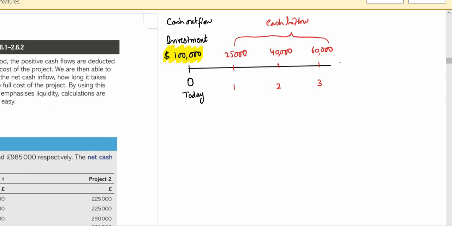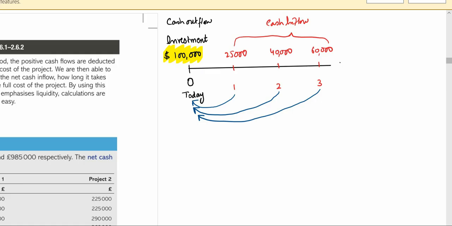Discounting we will discuss in the next class. Discounting means we have to calculate the present value of all the cash inflows at today's time. When we discount all the cash inflows to time zero, that process is called discounting.